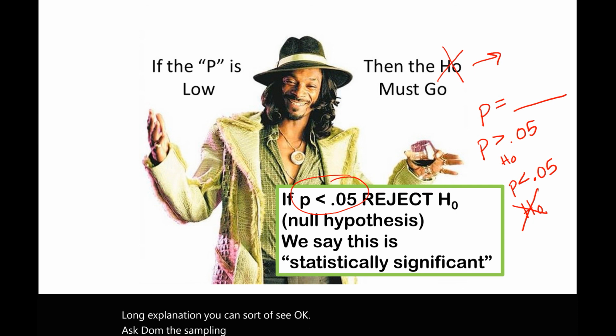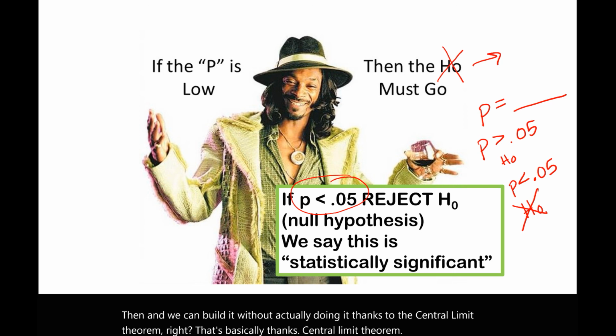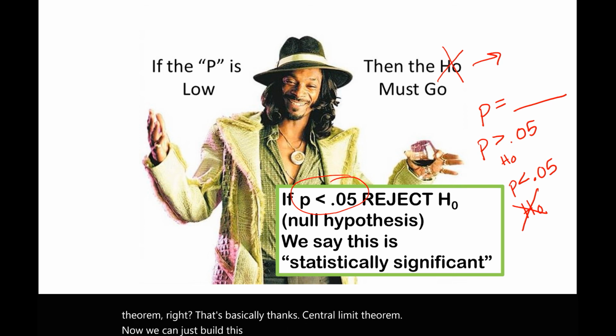So I'm hoping that this long explanation, you can sort of see, okay, an SDoM, the sampling distribution, that's a distribution made up of a bunch of sample means. And we start by assuming that the null hypothesis is true, and that's how we build that SDoM model. And we can build it without actually doing it thanks to the central limit theorem, right? Thanks central limit theorem, now we can just build this model without actually having to do all the hard work behind it.